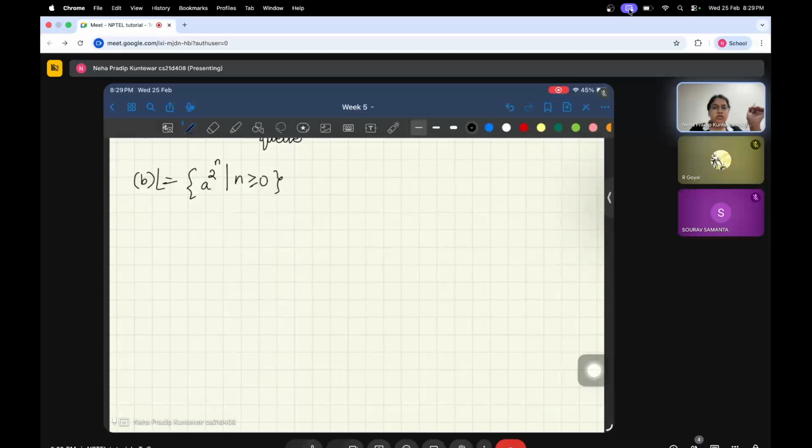One property about powers of 2 is that if you keep on halving it, eventually you will reach 1.